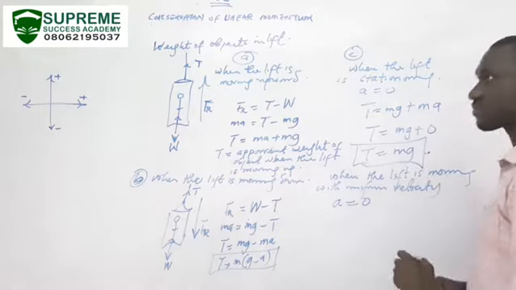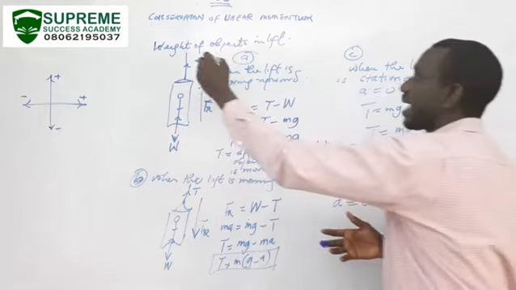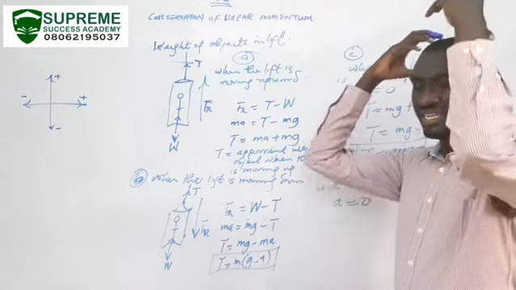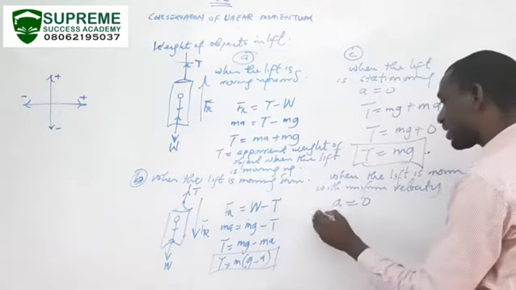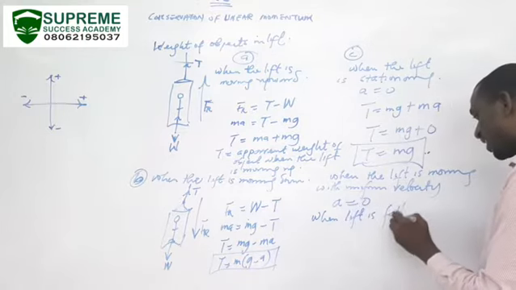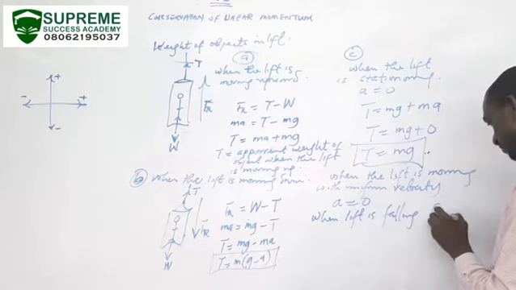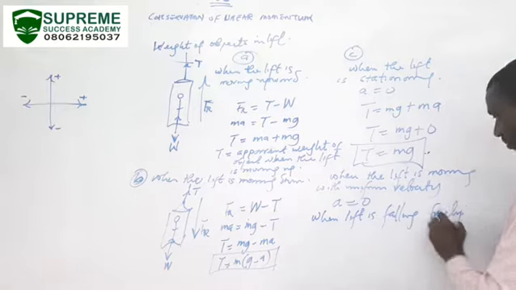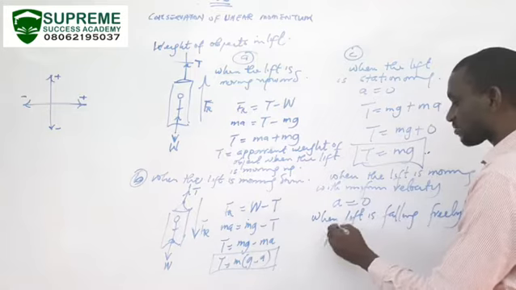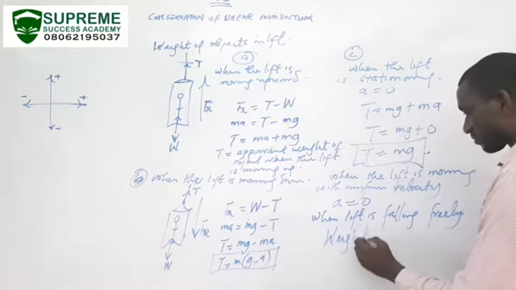And lastly, let's assume the cable of your lift breaks and the lift is falling freely. When the lift is falling freely, you understand me? The object inside the lift will experience weightlessness.